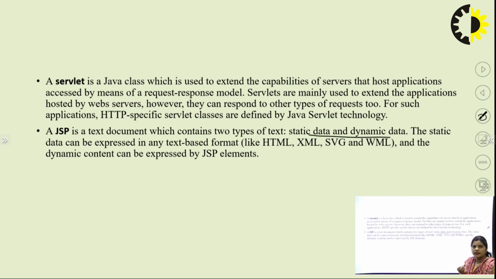Static data can be represented in any text based format, just like HTML, XML, SVG and WML. But the dynamic contents here are going to be expressed in terms of JSP elements only.